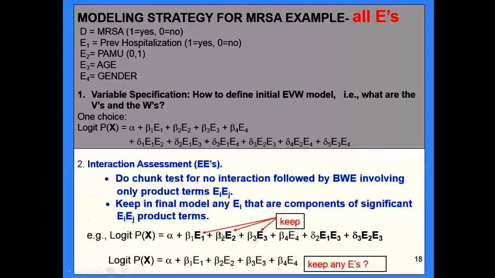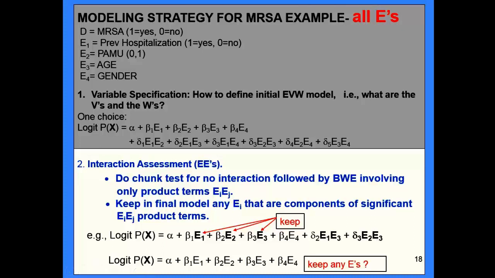As an example of this situation, suppose after the interaction stage, I've got 2 models written down at the bottom of the screen. The first of these models is what you obtained after starting with a model with a lot more product terms. You wound up with only 2 product terms. If you had this model, what would that mean about what you would do next?